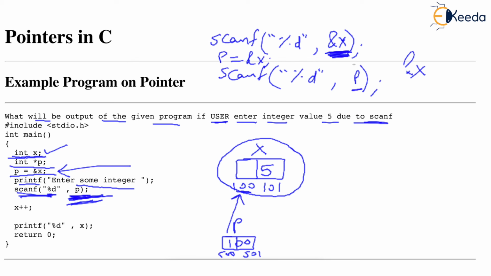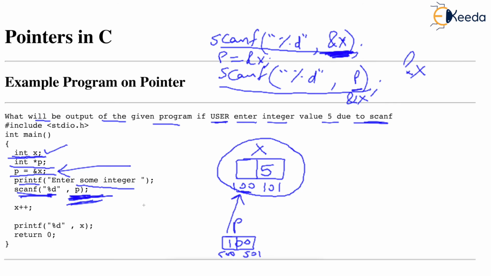Then writing P or writing &X means the same. The value that we enter using scanf would be stored at the address of X, because P is nothing but the address of X. So writing scanf %d P means you are scanning X, and writing scanf %d &X means you are scanning X. Both mean the same thing.